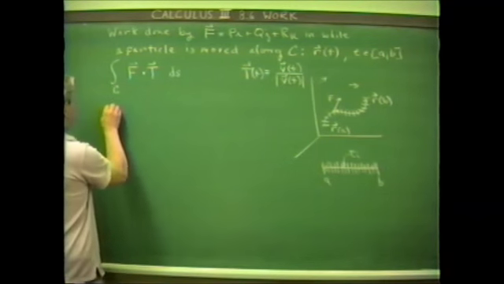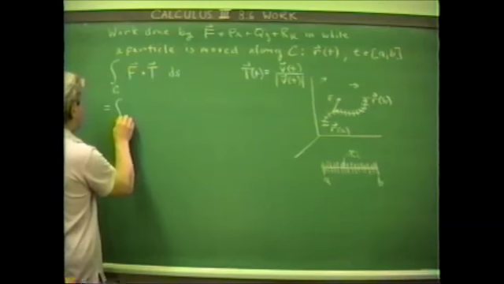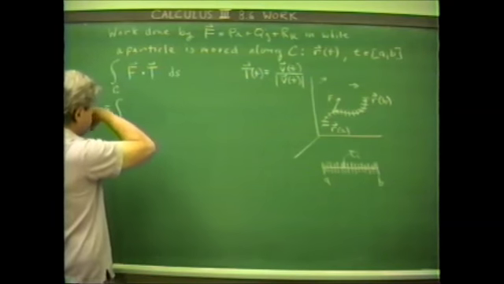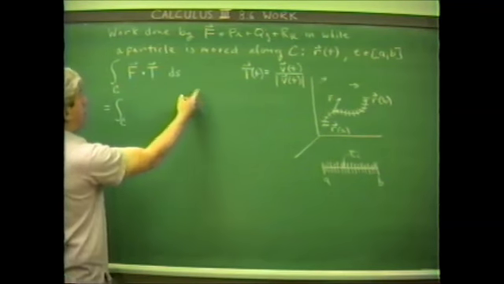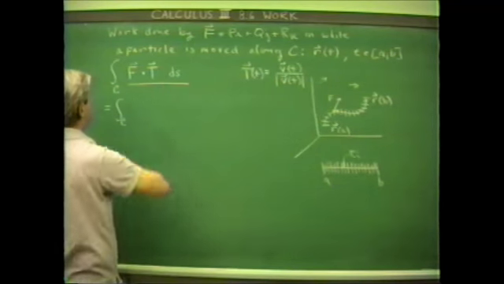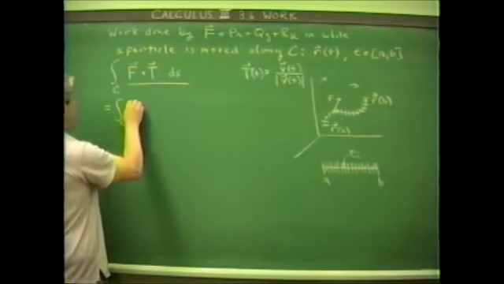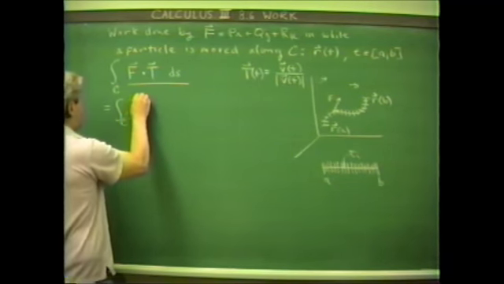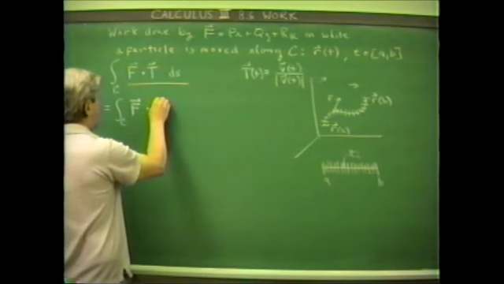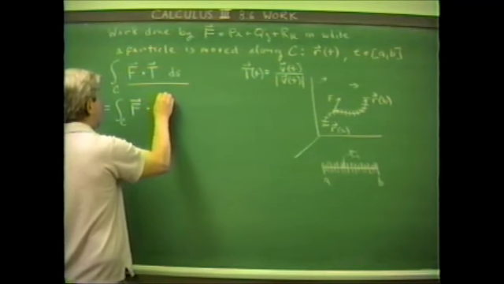We could write this as sums also, and we would get this resulting integral. It's going to be the integral over C of F dotted with v over the magnitude of v.